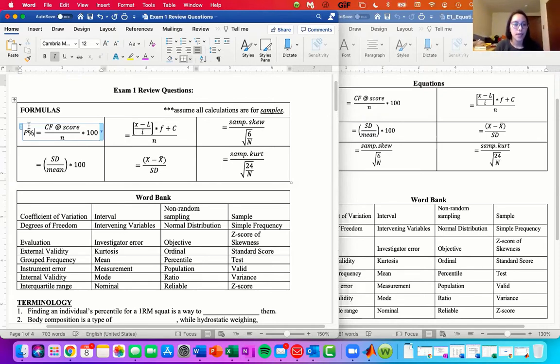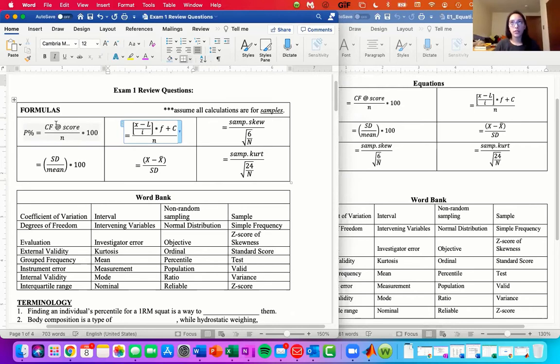Okay. What about the next one? I had a quick question about the CF. You use the one in the same row as the score you're looking at. You don't do the one above it. Correct.